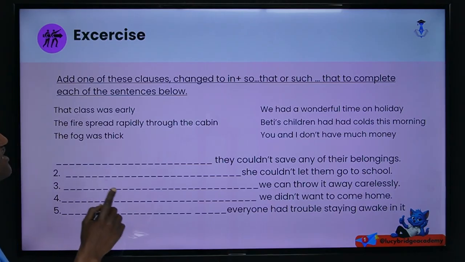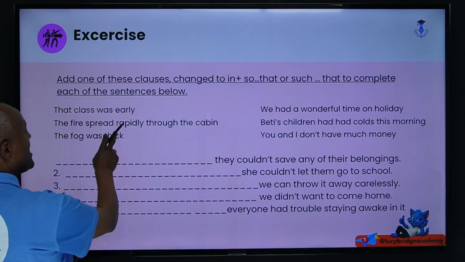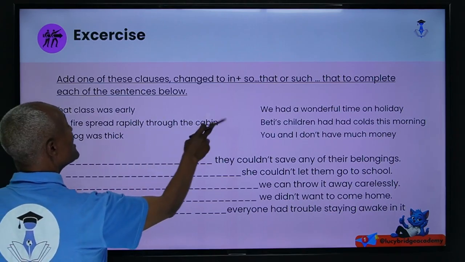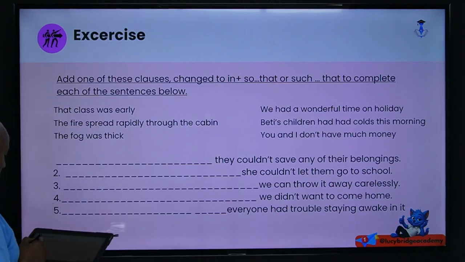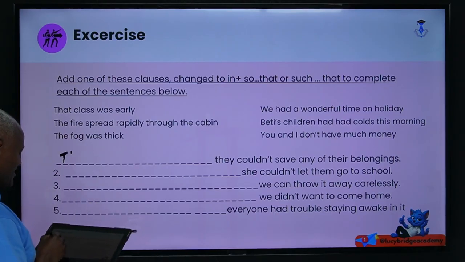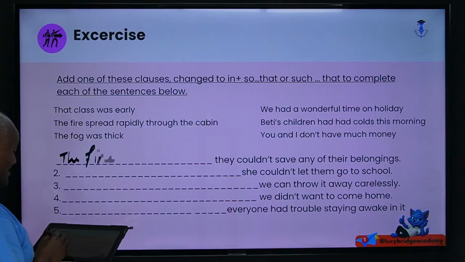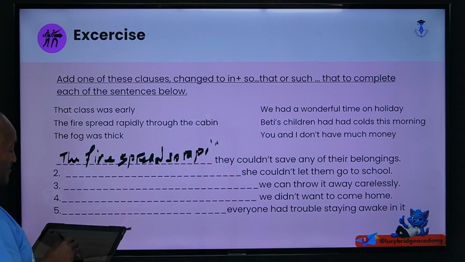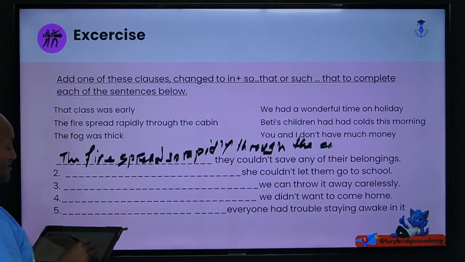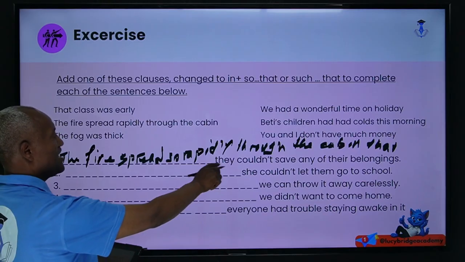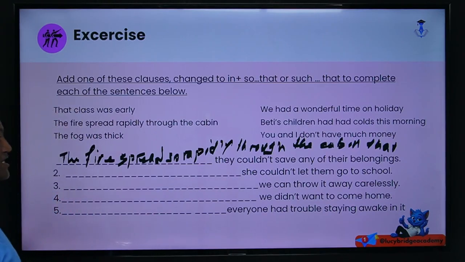The fire spread so rapidly through the cabin that they couldn't save any of their belongings. So this sentence goes with this one.